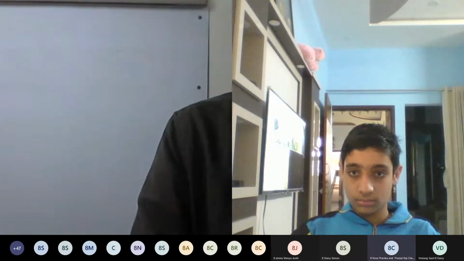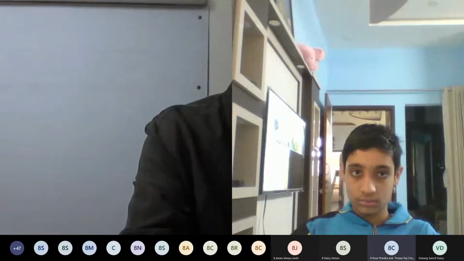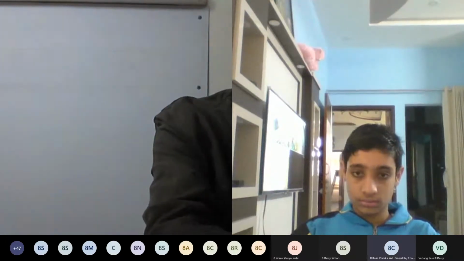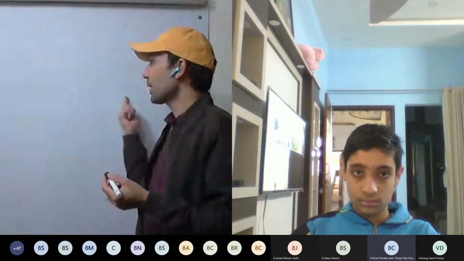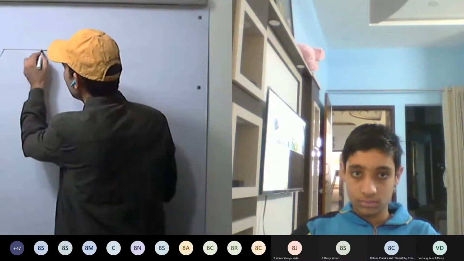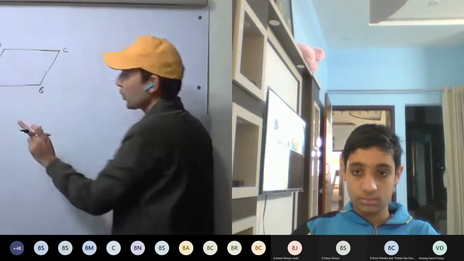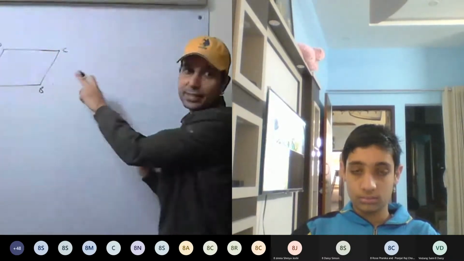Sir, why can it not become a square? See here, it can become a square, but it is not given. It is not provided that AB equals BC, that adjacent sides are equal.